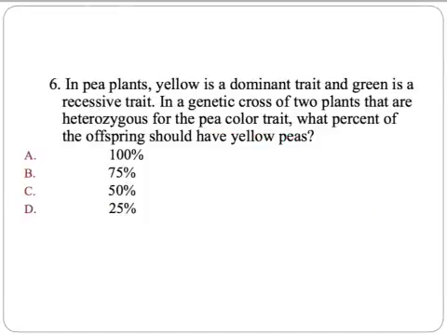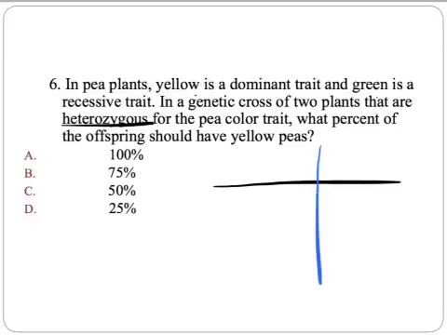In pea plants, yellow is a dominant trait and green is a recessive trait. In a genetic cross of two plants that are heterozygous for the pea color trait, what percent of their offspring would have yellow peas? So yellow, and they're hetero. So let's do a Punnett square. Let's use Y to represent yellow. So big Y, little y, big Y, little y, because they're hetero.